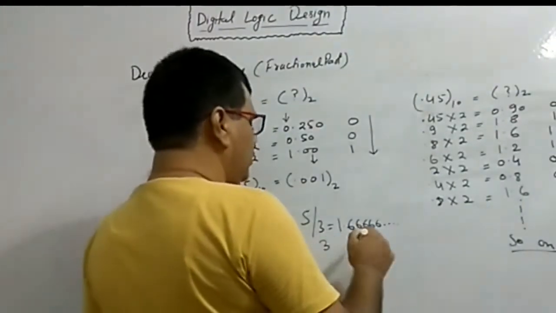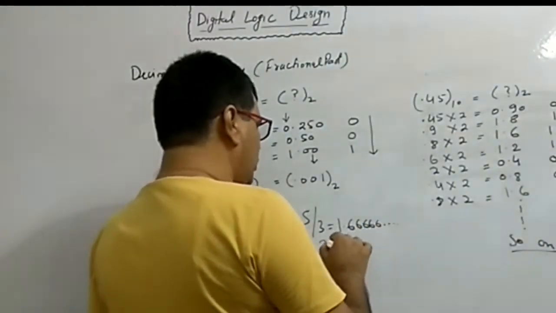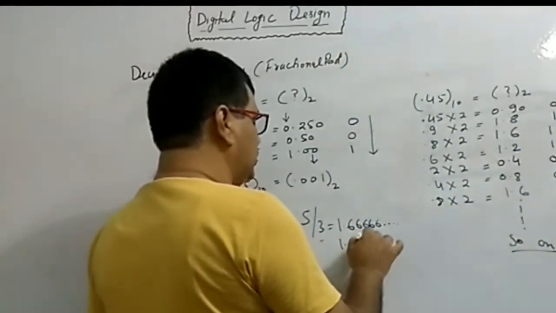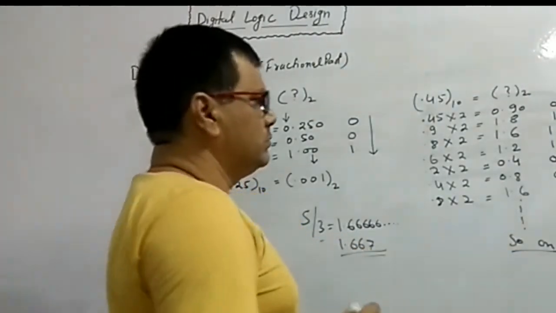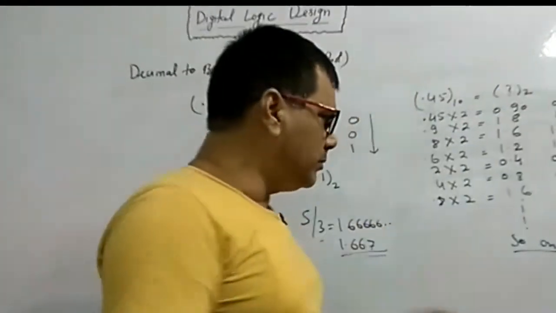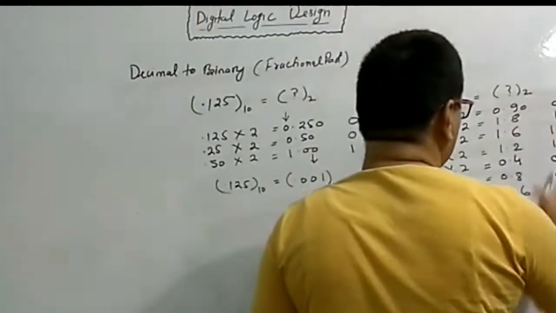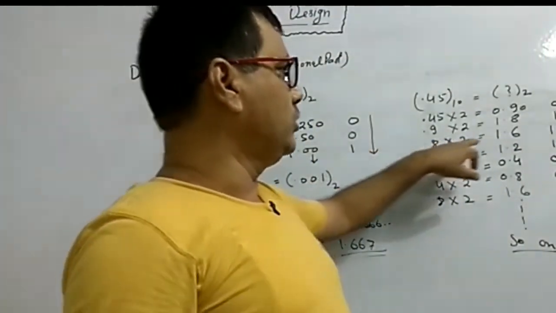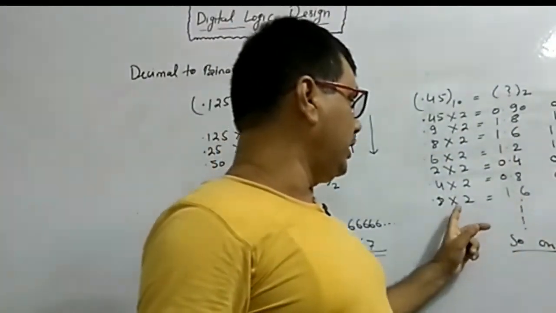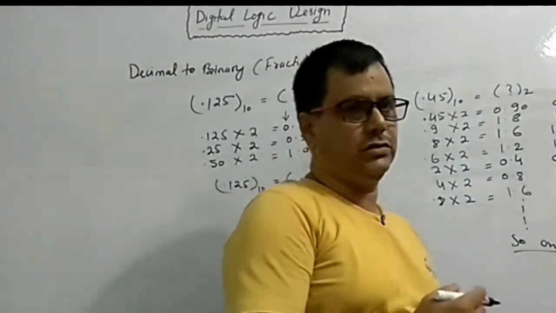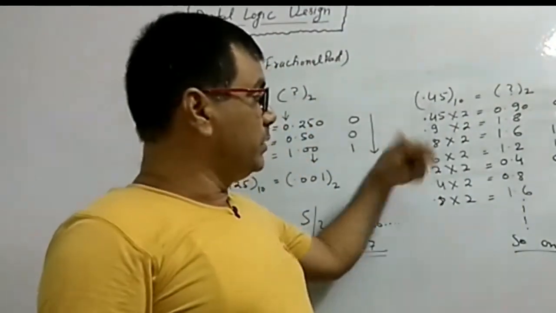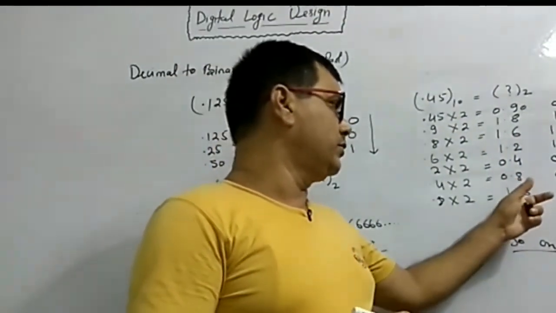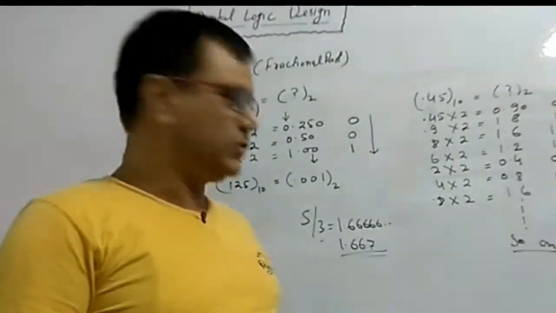That means if you want 3 digits after the decimal, it will be 1.667. Similarly here, the pattern is repeating: 0.8 into 2 is 1.6, and again 0.8 into 2 is 1.6. That means it is a repeating pattern, and the fractional part will never be 0, as it was in the previous case.